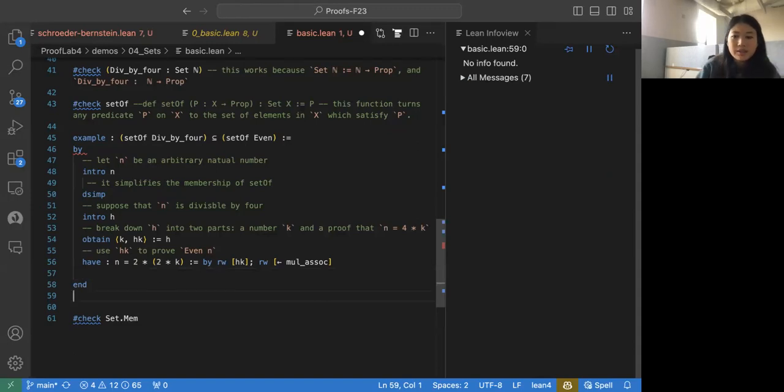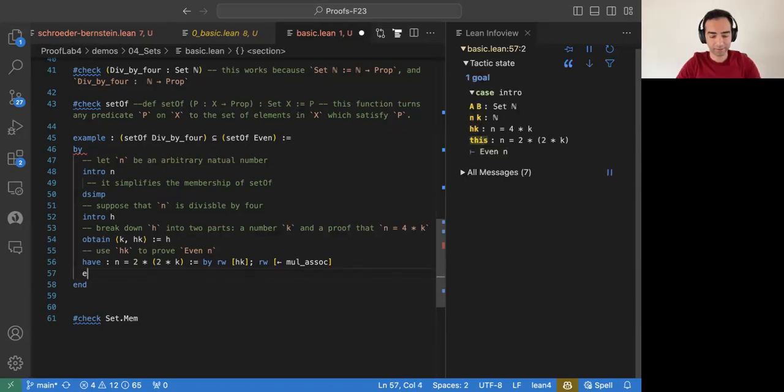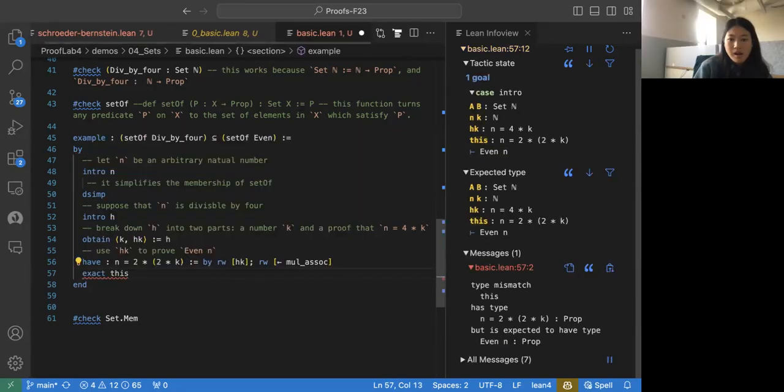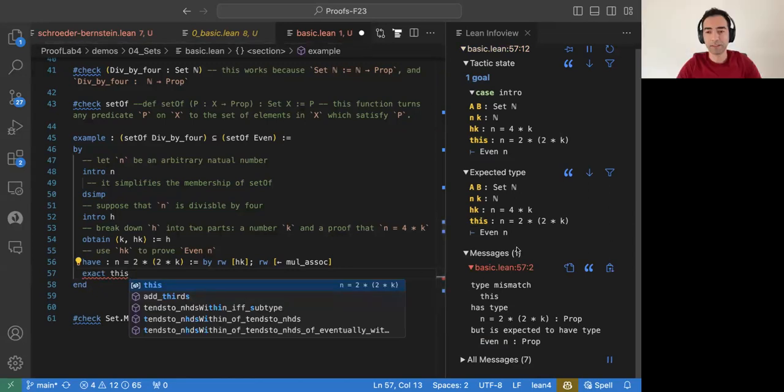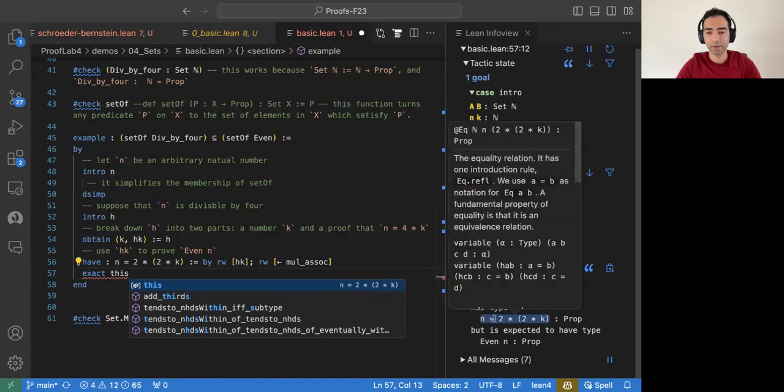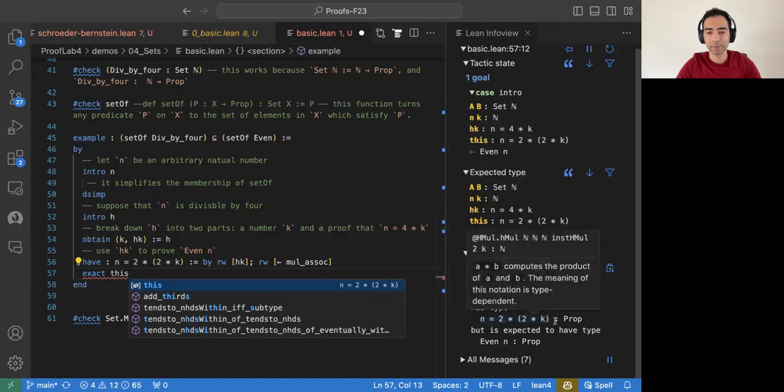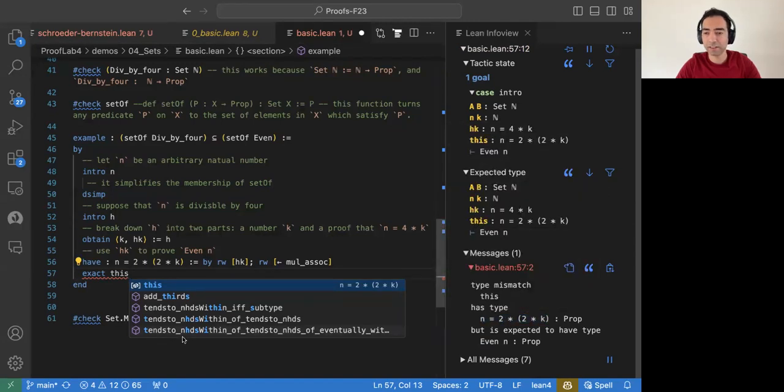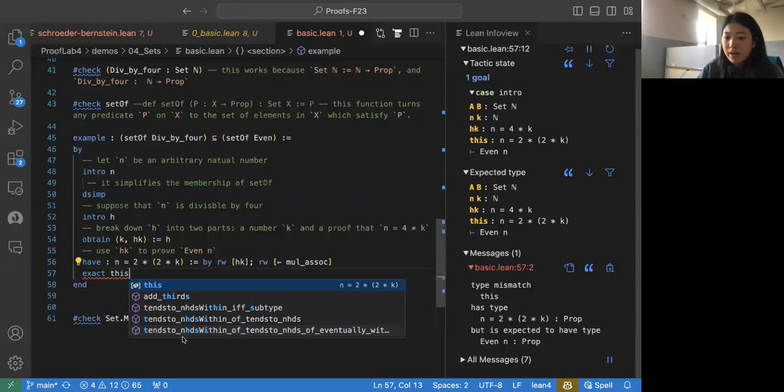Can you just use this? You mean exact this? Maybe. No. Well, what is the error message? It says this has type n = 2 times k, but is expected to have type. I cannot read the rest of it because I have this zoom window. But what does it say? Oh, Even n, a Prop.